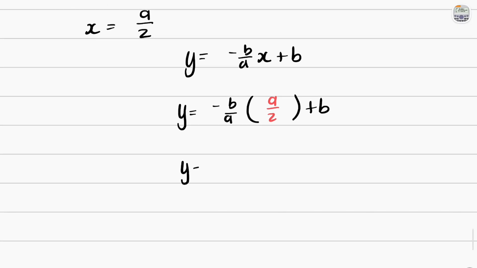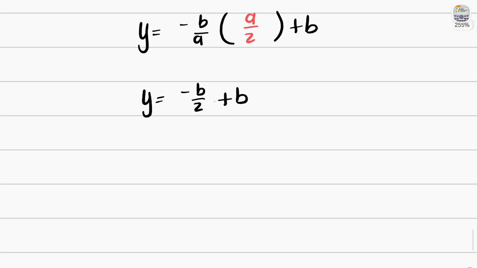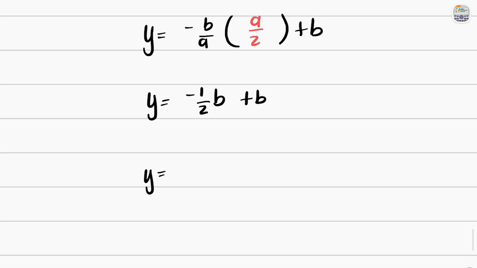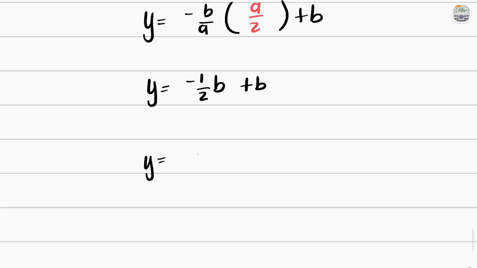So y is equal to, here the a's would cancel, and you have negative b over 2 plus b. Now they're actually in terms of the same thing, because this is negative b over 2. You could have written negative b over 2 as negative 1 over 2 b, and then plus b. So y equals b minus a half b, which is a half b, which is just b over 2. I'm just rewriting this b, which is already in the numerator.